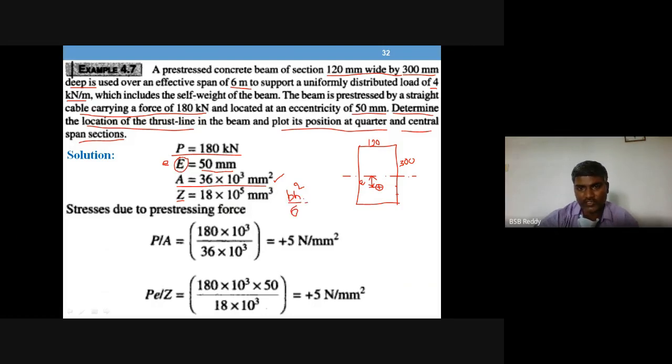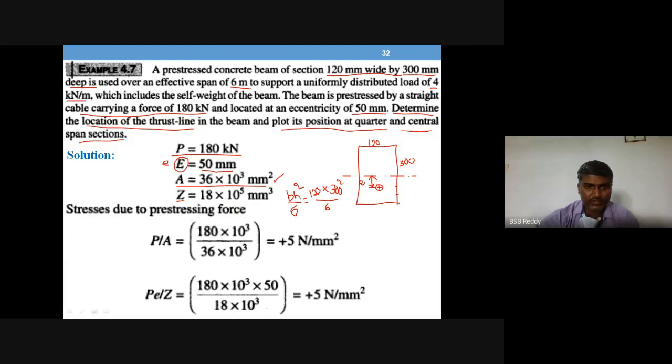So it is like 120 into 300 square by 6. Okay, right. So this value comes around 18 into 10 power 5 mm cube, right?